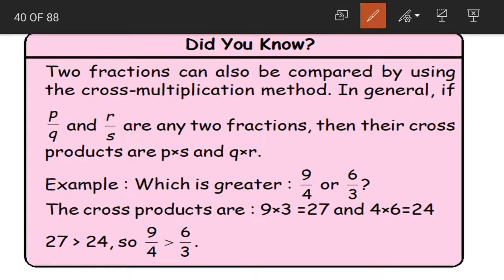Suppose you are not okay with the LCM process, we have another way also to compare unlike fractions. In the example, we have 9 by 4 and 6 by 13. We can compare these two unlike fractions using the cross multiplication method.